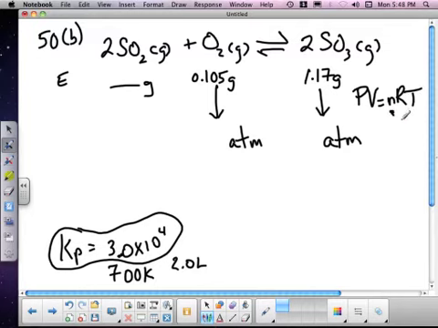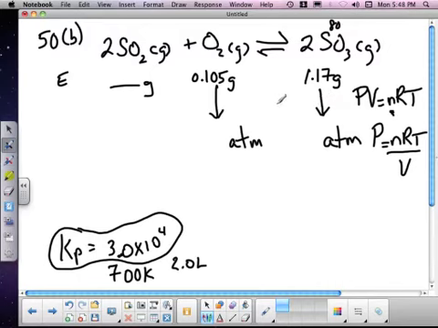So pressure equals nRT over volume is 2, temperature 700, there's our gas law constant. All I need to do is change these grams into moles using the molar masses. So for SO3, taking 1.17 and dividing by all of this, sulfur and 3 oxygens together weighs 80. So 1.17 divided by 80 gives me 1.46 times 10 to the minus 2 moles.